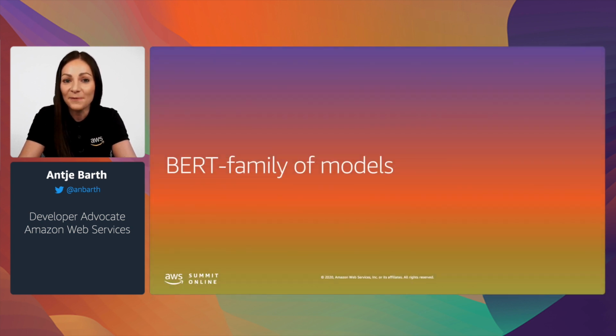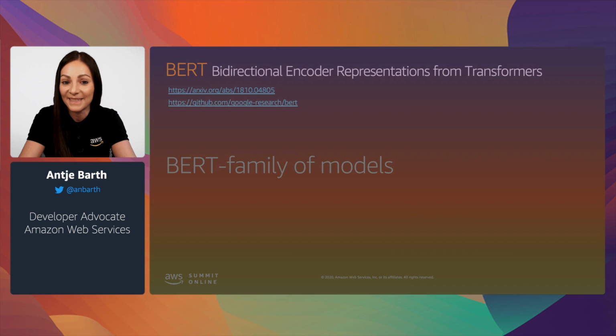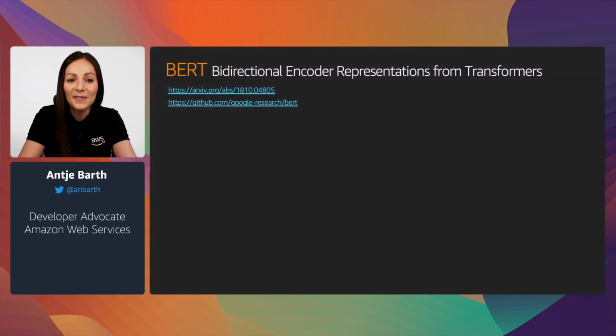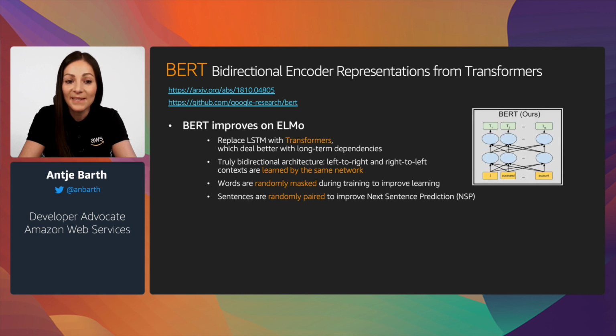So let's move on to the BERT family of models that picked up that concept and implemented it. BERT stands for Bidirectional Encoder Representations from Transformers. And as I just said, BERT improves on ELMo by replacing the LSTMs with those transformer architectures, which are also better in dealing with the long-term dependencies found in text.